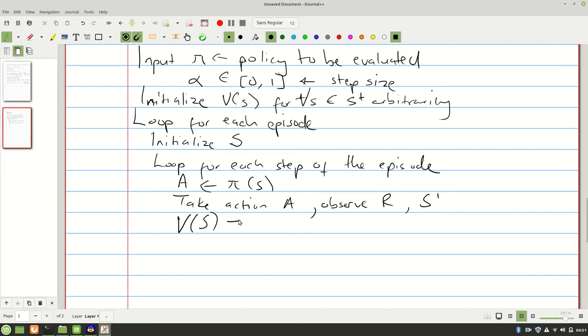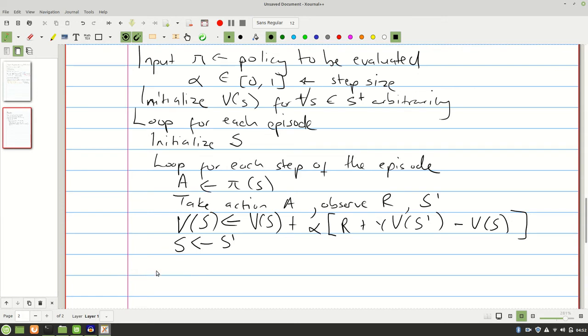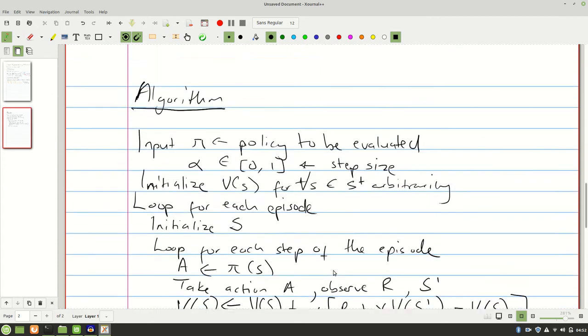We update our V(S) using the formula we discussed before. V(S) equals V(S) plus our constant alpha, which is our step size, multiplied by R plus gamma V(S') minus V(S). This is how we update, and now our S becomes S prime, until S is terminal. So this is basically the algorithm.